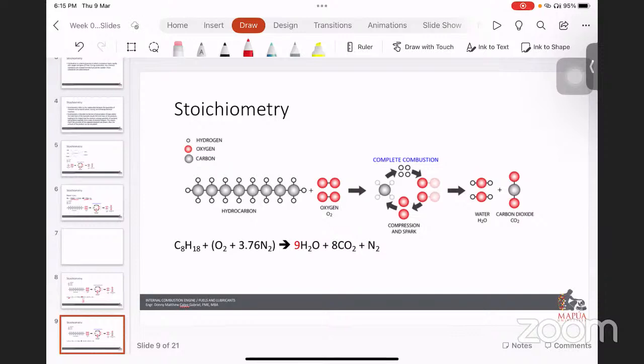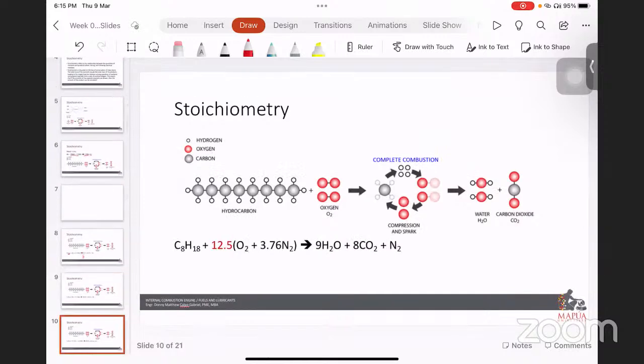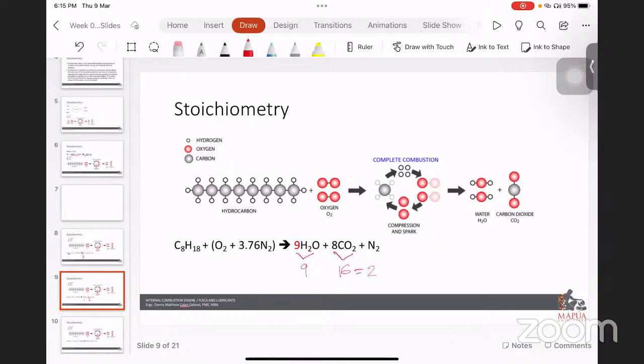Next. Ano ba yung next na nilagay natin? Next, O2. Dito, meron kang 8 carbon, pero dahil sa carbon dioxide siya, meron ka ditong 16 na O. At dito naman, meron kang 9 na O, would equal to 25 molecules of O. Or, kung O2 ka, 12.5 O2.